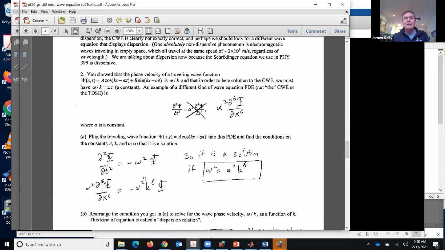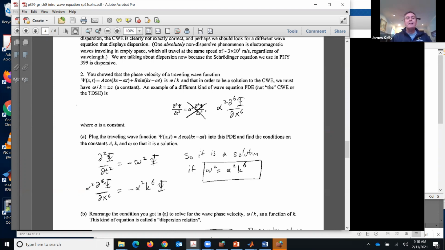When I take the two derivatives of this, the cosine is going to turn into a minus cosine, and I'll get a factor of k squared out in front. So I'll get minus k squared. When I take two more derivatives, I'll get another minus k squared, and two more derivatives, that gives me another minus k squared. So overall, I will just get a factor of minus k to the sixth coming out from all those chain rule applications.